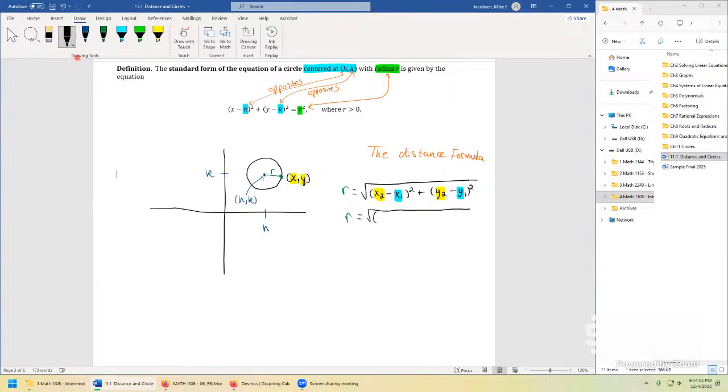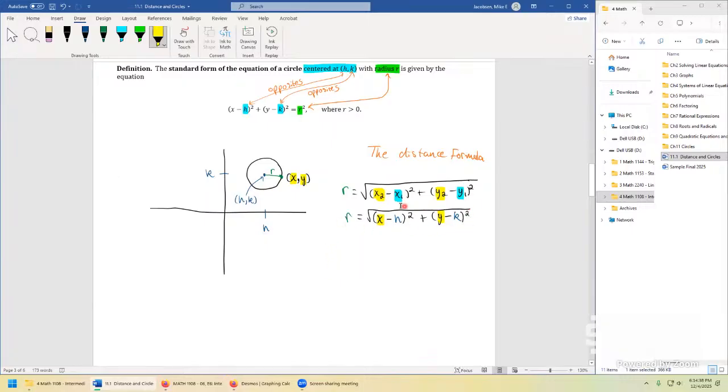So now substituting in these values, we'll have x minus h squared plus y minus k squared, and that's pretty much it.